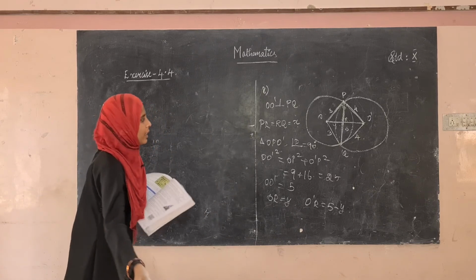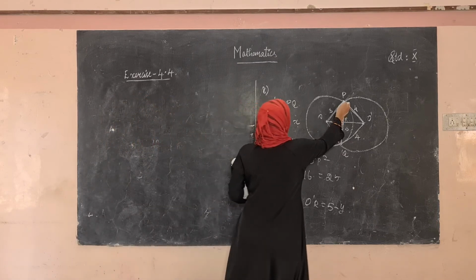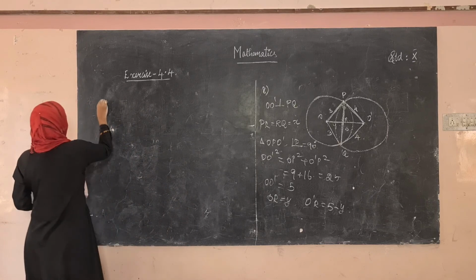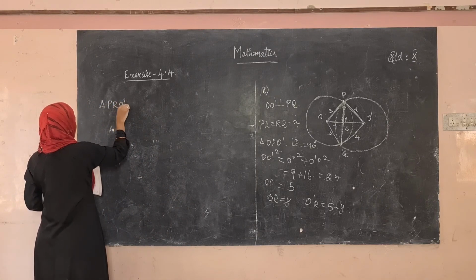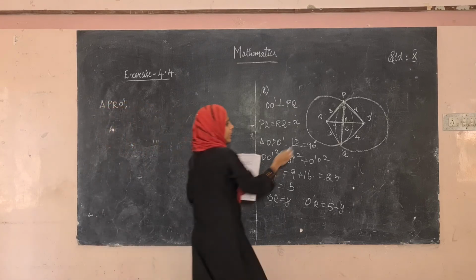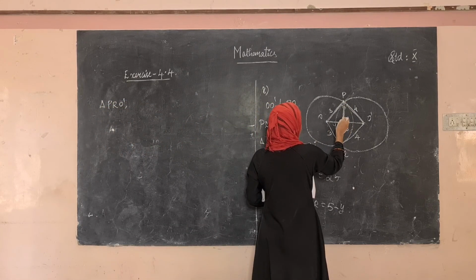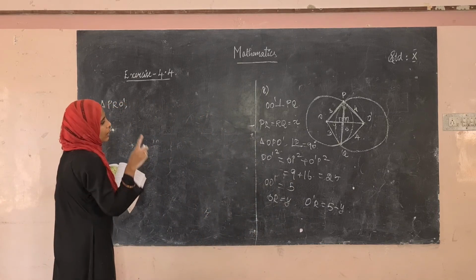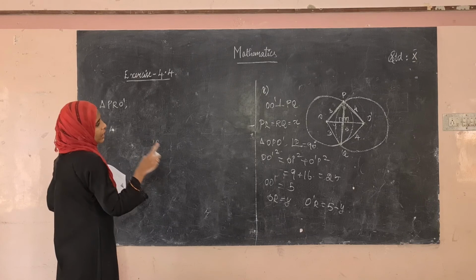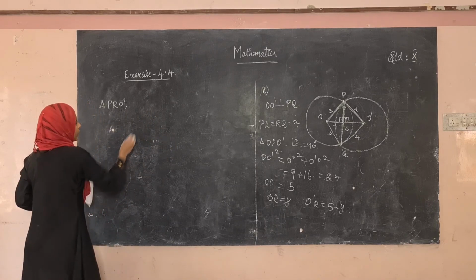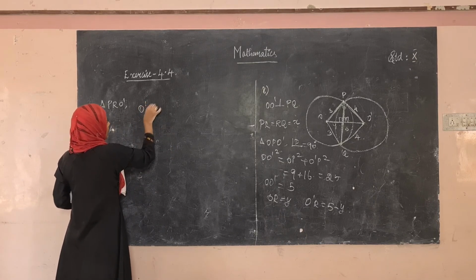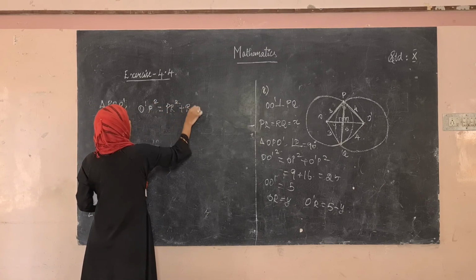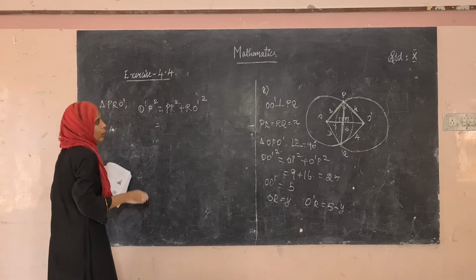So now we are going to take the triangle PRO dash. It is right angled at R, since these two are perpendicular, therefore this is 90 degrees. In that, OP dash is the hypotenuse, therefore O dash P square is equal to PR square plus RO dash square. What is O dash P square?